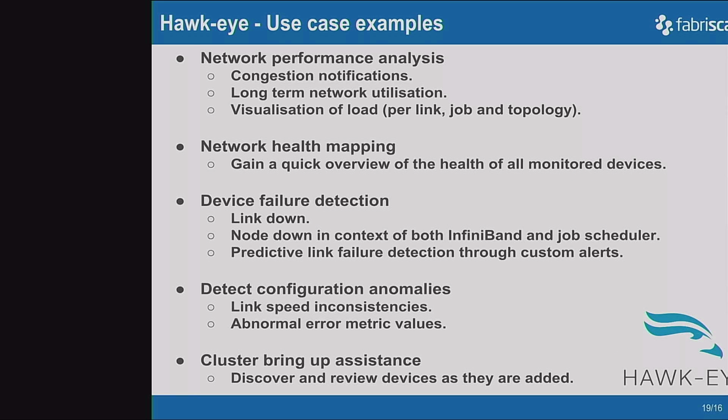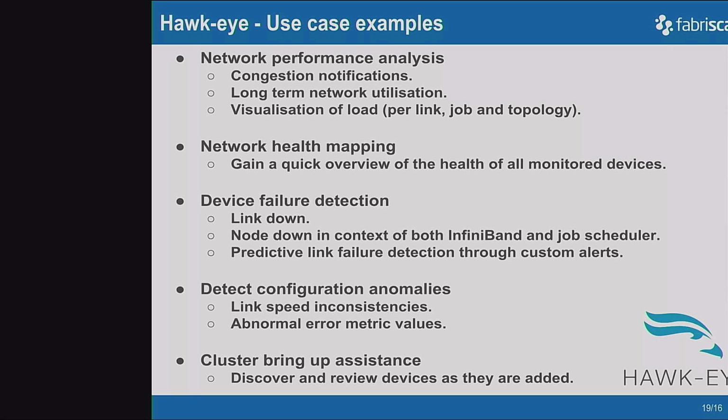So, what kind of analysis can we do? We can check for congestion in the network. We can visualize long-term utilization of the traffic across the network. And we can also tailor the monitoring for a particular job or particular failures on the network.